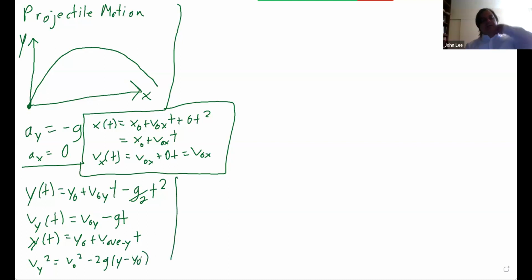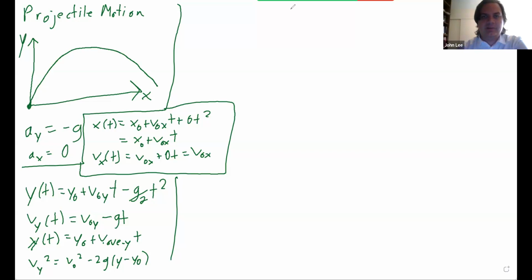So the y components are a lot more complicated than the x components, but it always has the same acceleration on Earth. On Mars you'd have a different gravitational acceleration, but you'd follow the same structure, where instead of g being 9.8 meters per second squared, it would be some other number.